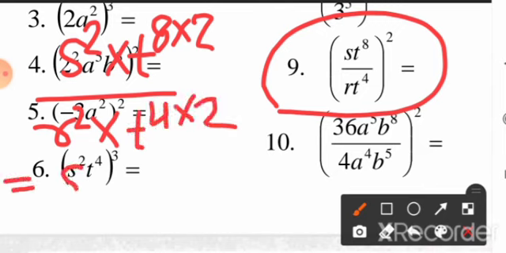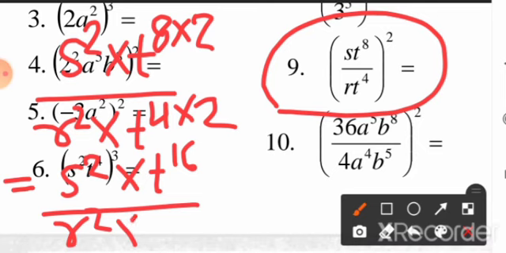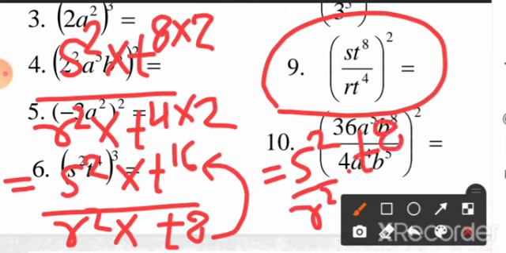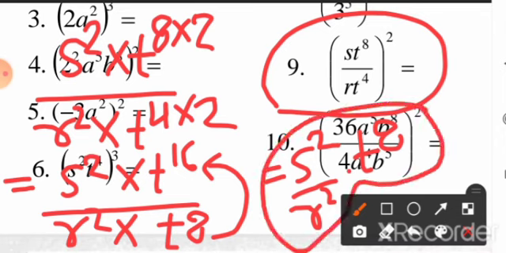So s power 2 into t power 16 upon r power 2 into t power 8. So the power of t is subtracted. Right now s square upon r square into t power 16 minus 8. So you can write t power 8. It's the solution of question number 9.